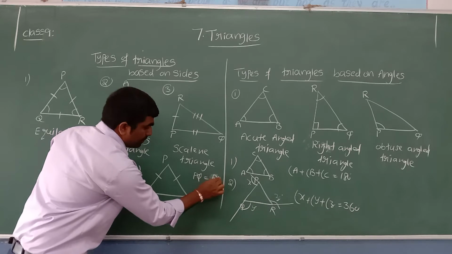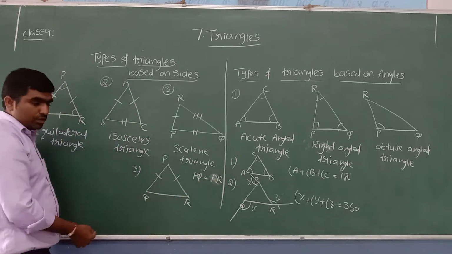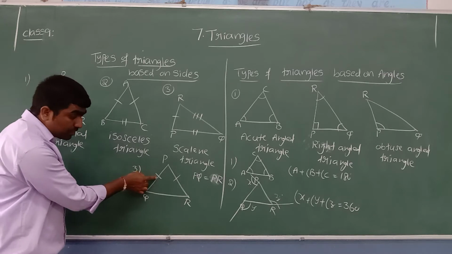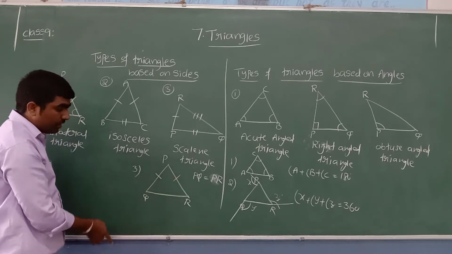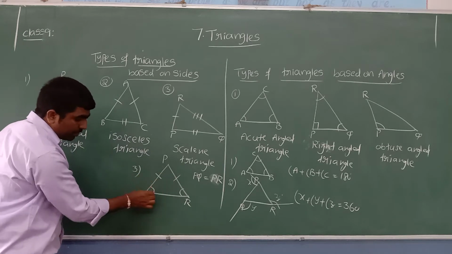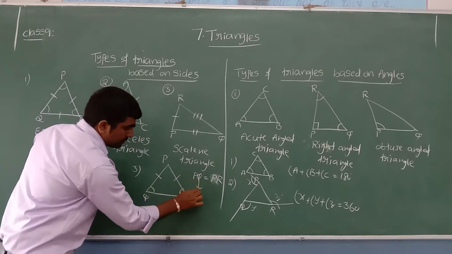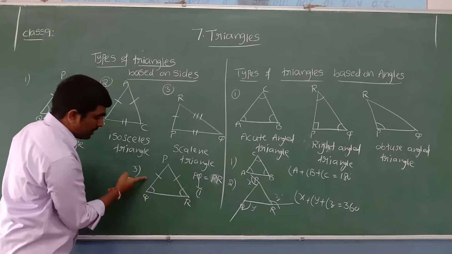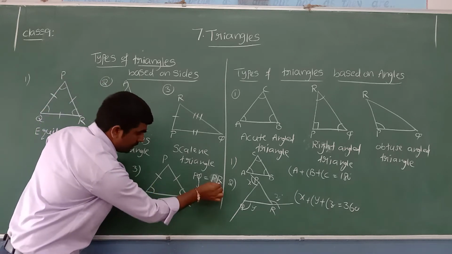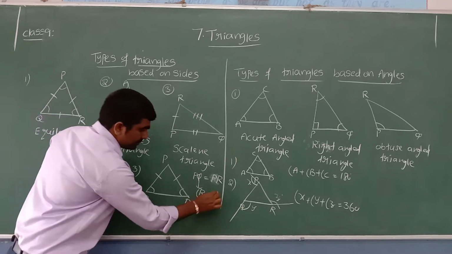So in a triangle, if two sides are equal, the angles opposite to those equal sides are equal. Opposite to PQ is angle R, and opposite to PR is angle Q.